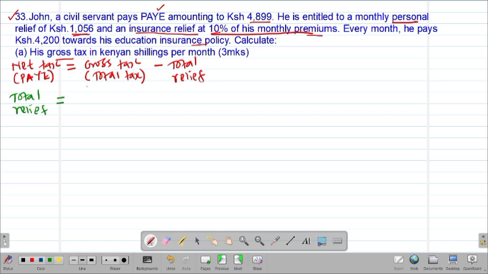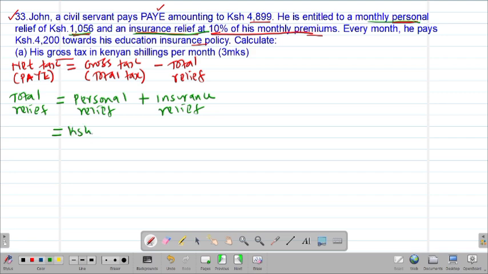The first relief is a personal relief. Then we are going to add the other relief, which is an insurance relief.